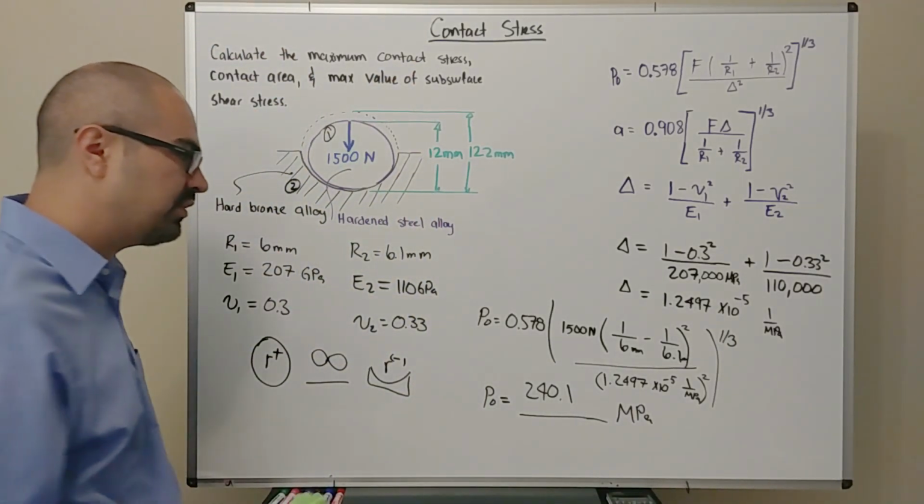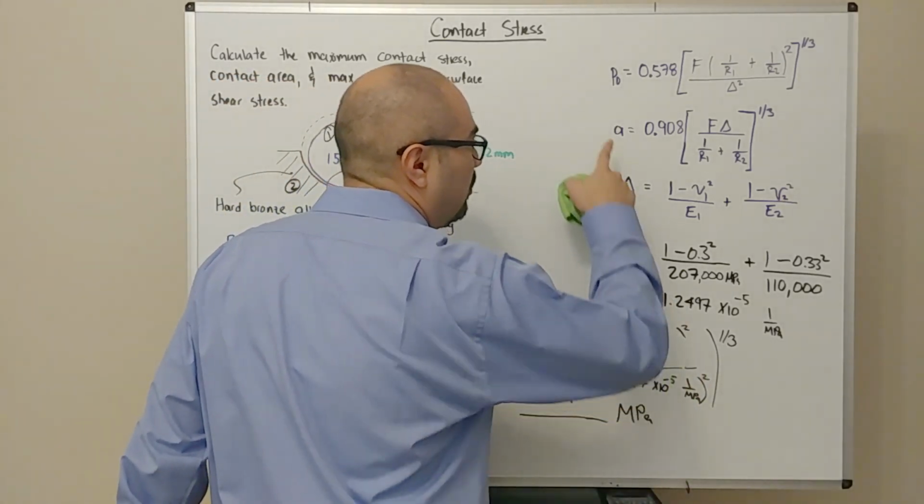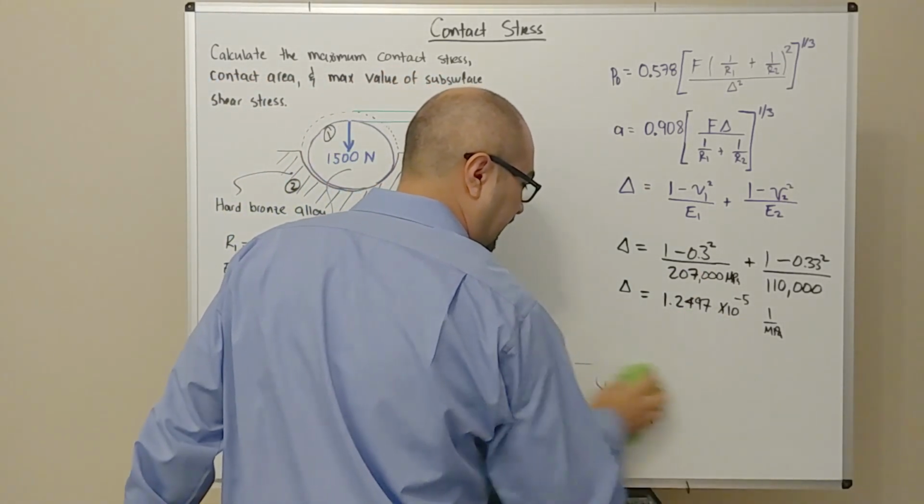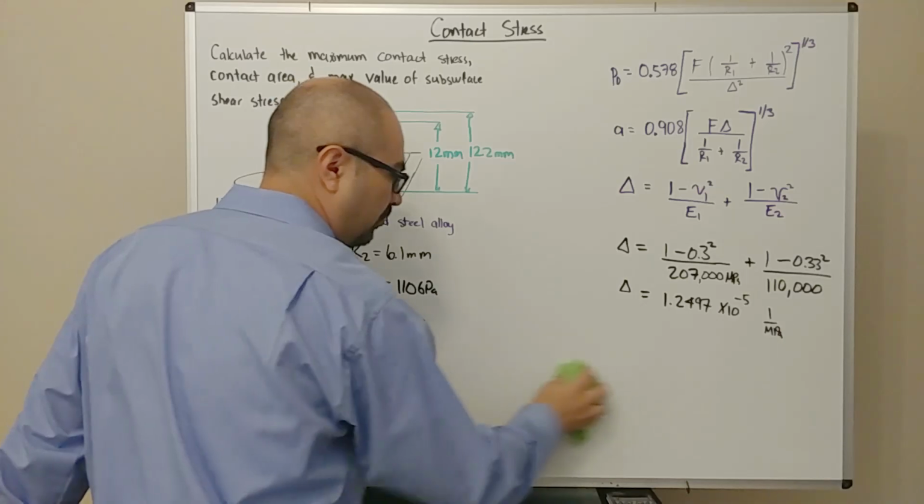To calculate the contact area, we're going to use the second equation. Remember, A in this case is going to be the contact radius.